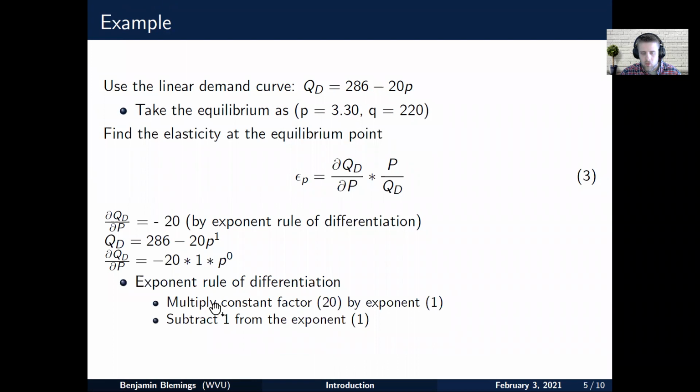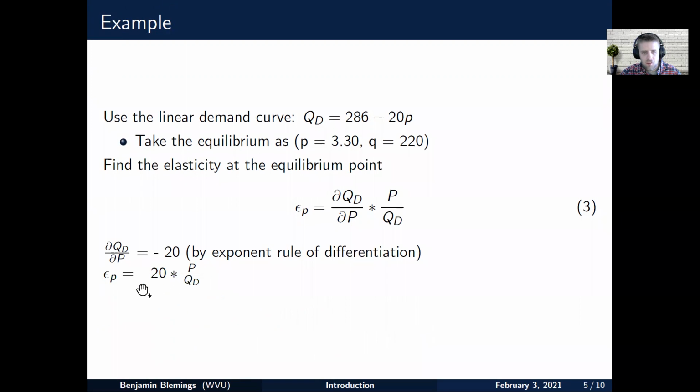That gives us -20 times 1 times p to the 0, which is 1, and that simplifies down to just -20. Then we need this p over qd, which is where we are on the curve. That is given to us in the problem: price equals 330 and Q equals 220.